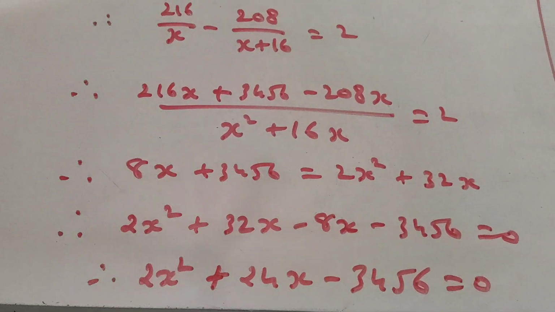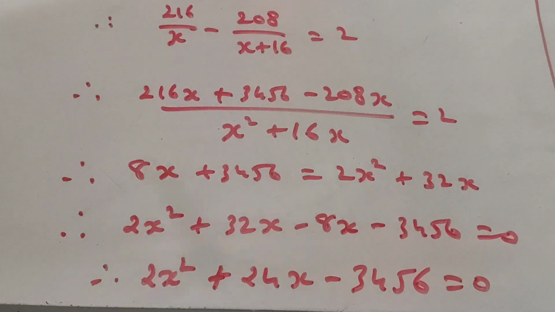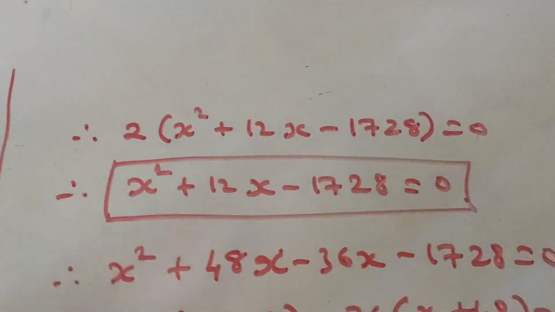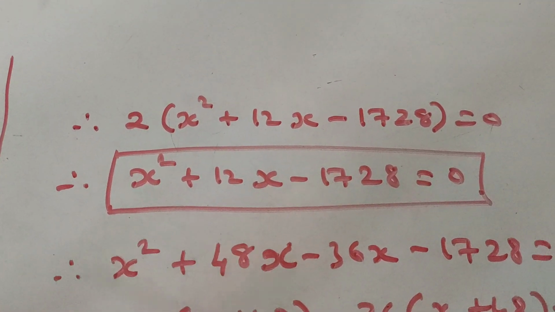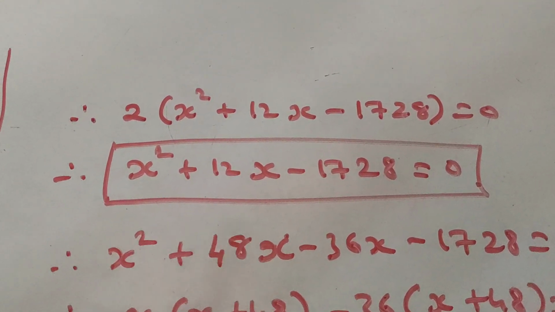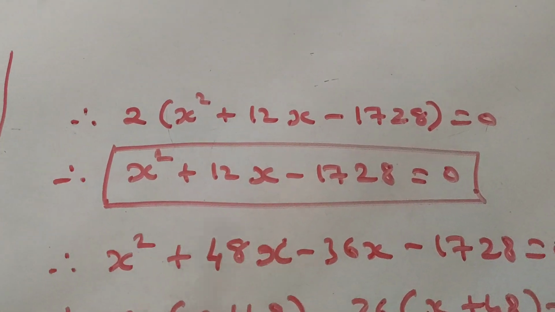Now 32 minus 8 is 24. So 2x square plus 24x minus 3456 equal to 0. Taking 2 common, you get 2 bracket x square plus 12x minus 1728 is equal to 0. That means x square plus 12x minus 1728 is equal to 0. That is the required equation asked in question number 3.